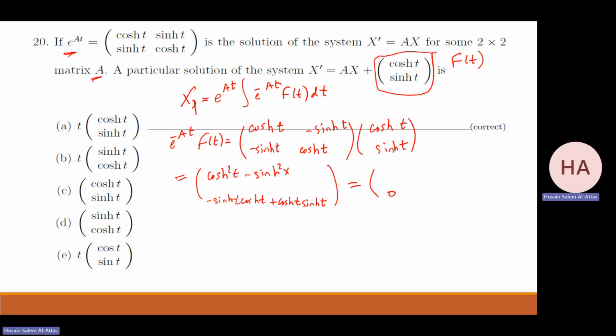Okay. Now what will be this one? This one is what? It is 1. We know that it's 1. Okay, interesting. So it will be the integral of that. That will be t and 0.